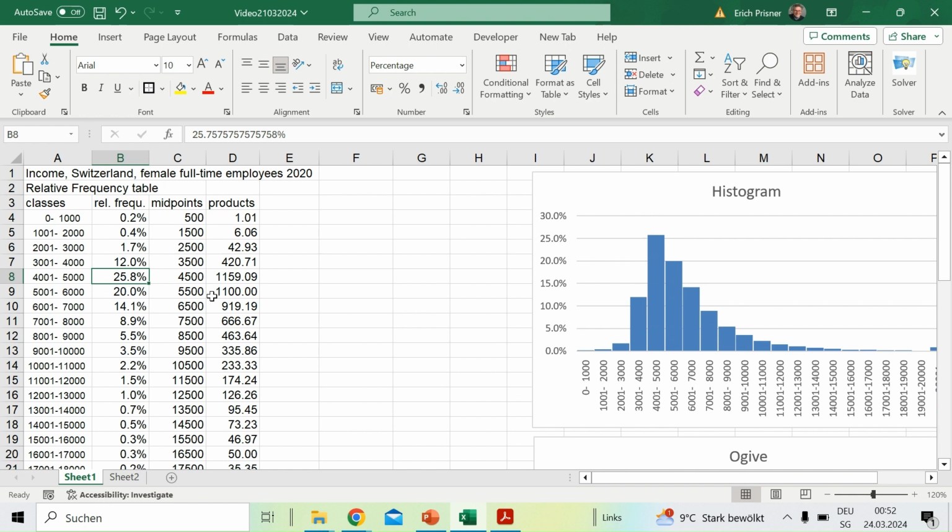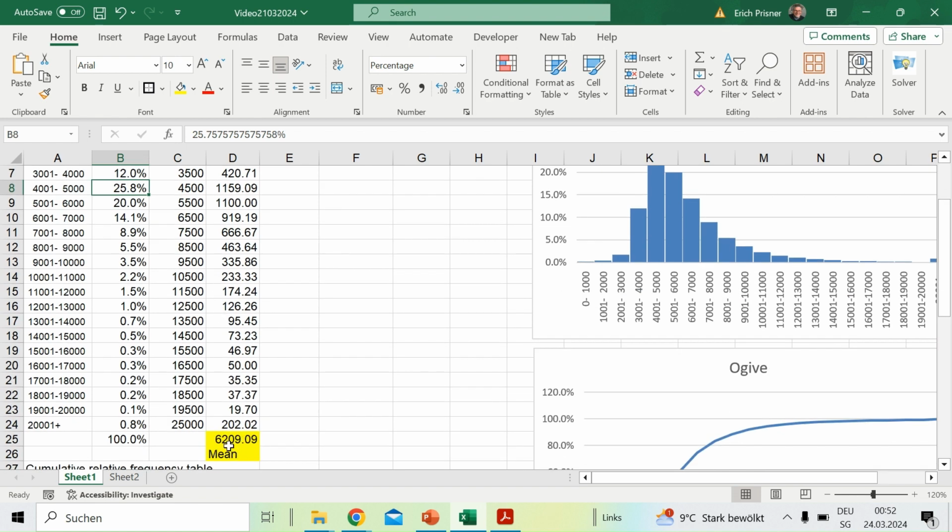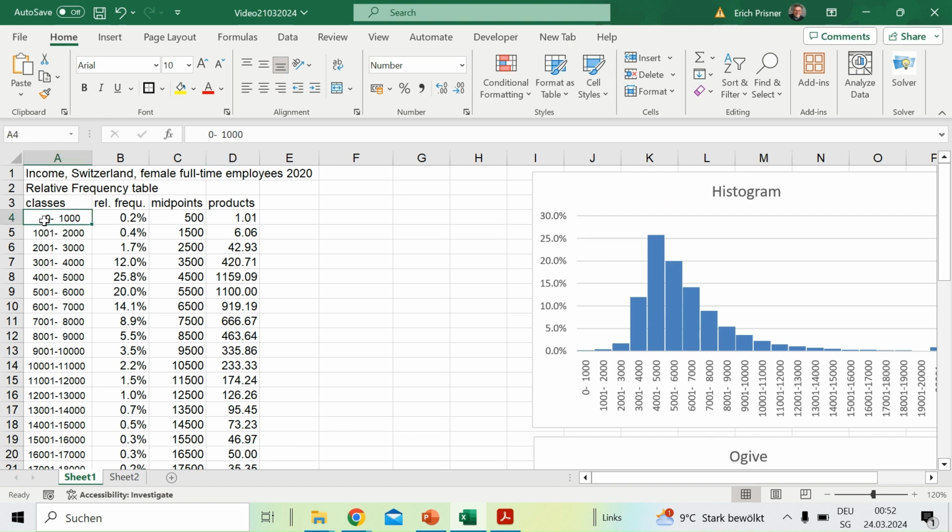Now, Robin Hood enters, and remember, Robin Hood takes from the rich and gives to the poor. So that's essentially what we need to do. We need the average, which is 6,209, and that means that these are the poor classes.